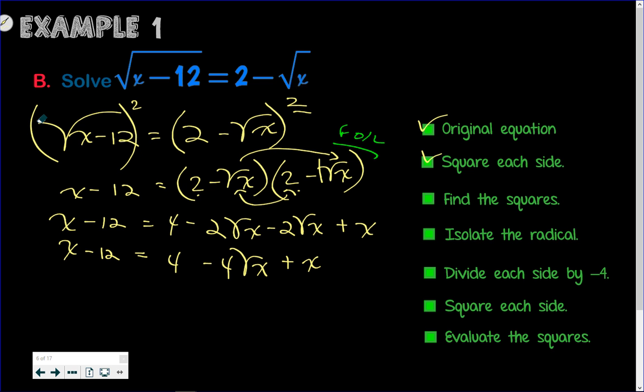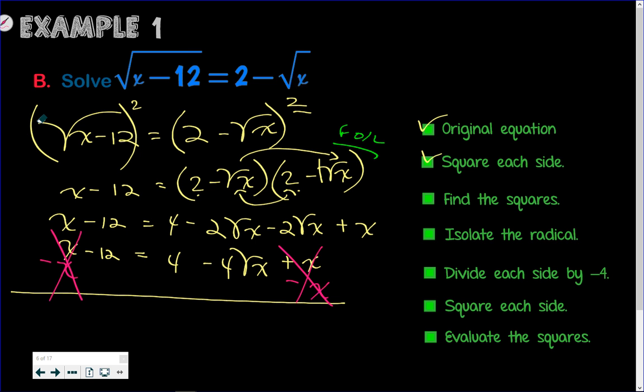Everybody good so far? Now, we've got some like terms, don't we? Are they on the same side or opposite sides? So we have to do some inverse properties, right? First one, I think I'm going to mess with this one. I'm going to subtract x from both sides. What ends up happening here? It cancels out both sides.